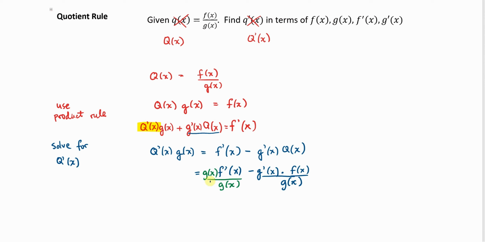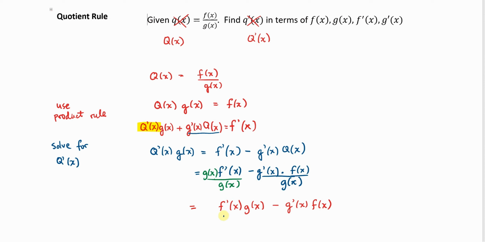All right, so now this big fraction here, we can combine all of that together. Okay, so let's see. While I'm at it, I'll just rearrange things a tiny bit. This is on the right side, it's f prime g minus g prime f. So hopefully this looks a little familiar to you, right?